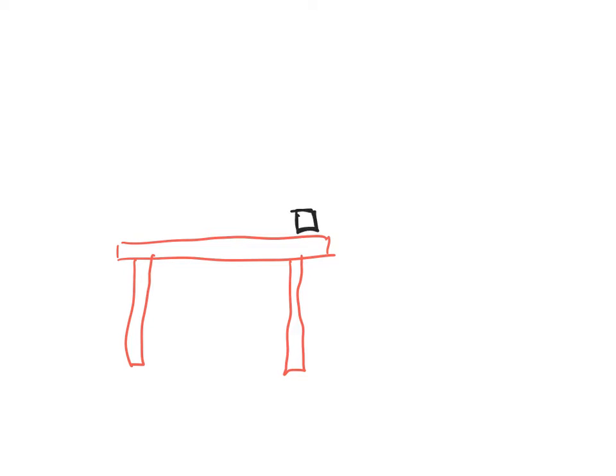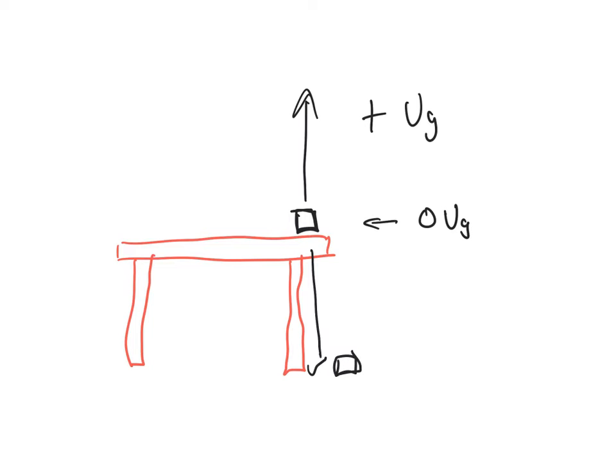If I say that this is my zero gravitational potential energy position, then if I raise it up, I'm going to have a positive gravitational potential energy. And if I lower it down to the floor, I would be taking away gravitational potential, and on the floor it would have a negative gravitational potential energy because it's all based around this frame of reference on the table.